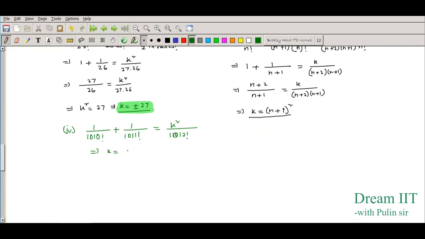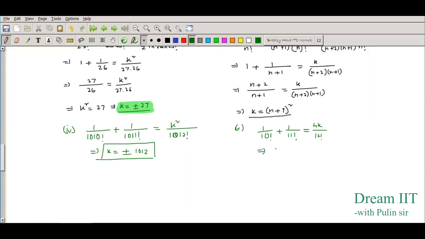In no time you should be able to tell that the value is 1011 plus or minus, because k square will be equal to the square of this. You should not even take time to answer this. Or maybe somebody asks you to work out 1 by 10 factorial plus 1 by 11 factorial equals 4k divided by 12 factorial.